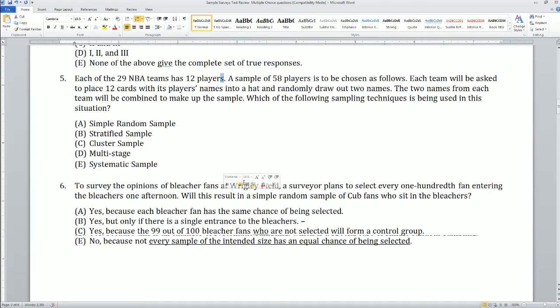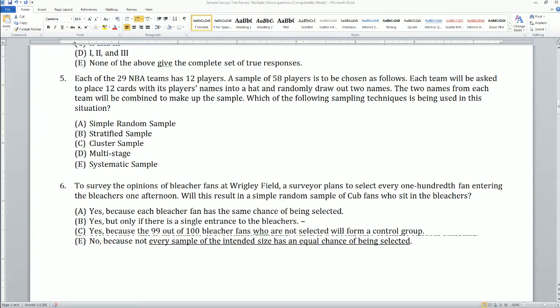All right. 5. Each of the 29 NBA teams has 12 players. A sample of 58 players is to be chosen as follows. Each team will be asked to place 12 cards with each player's name into a hat and randomly draw 2 names. The two names from each team will be combined to make up the sample.